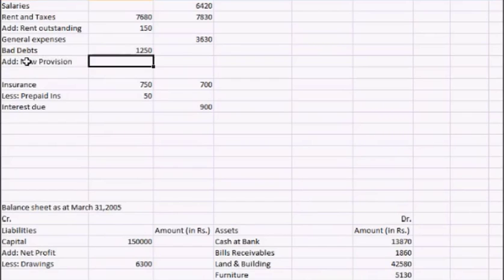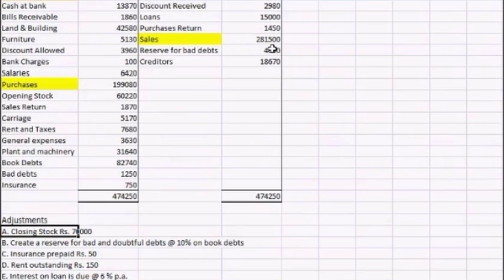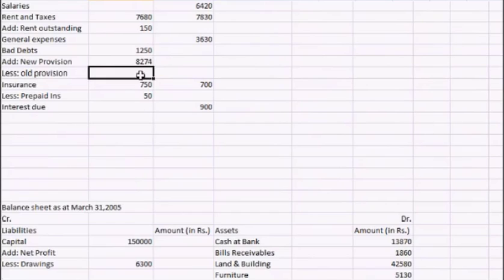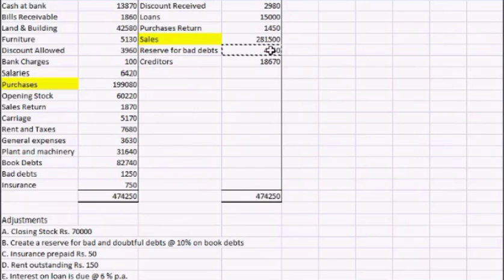So the new provision is 8274, and the old provision, which was written in the trial balance, was 4650. So the amount would be taken from the trial balance.